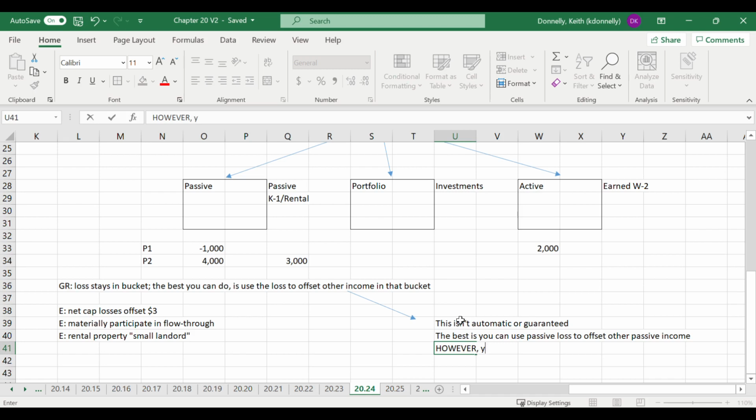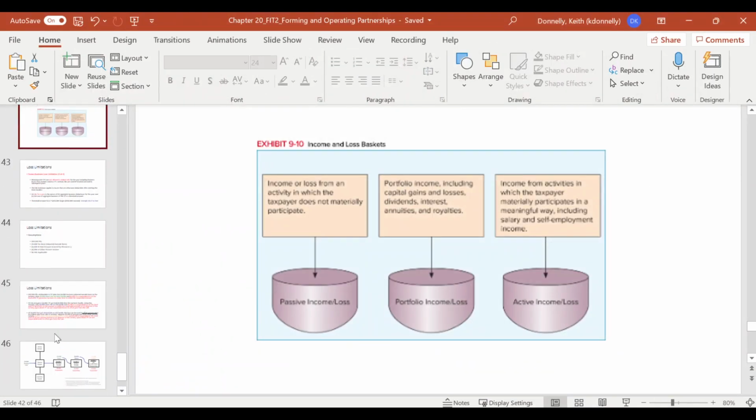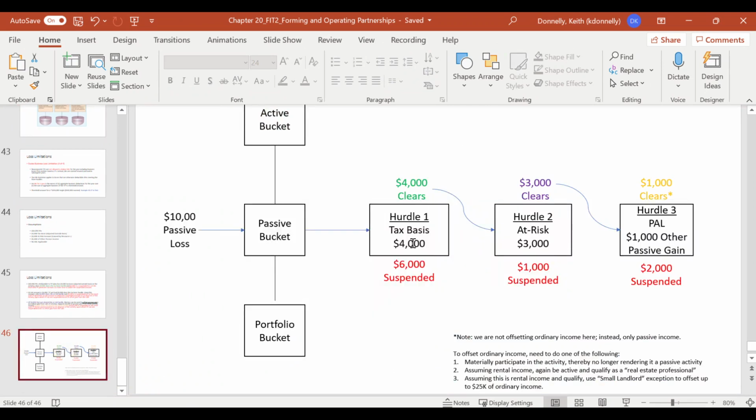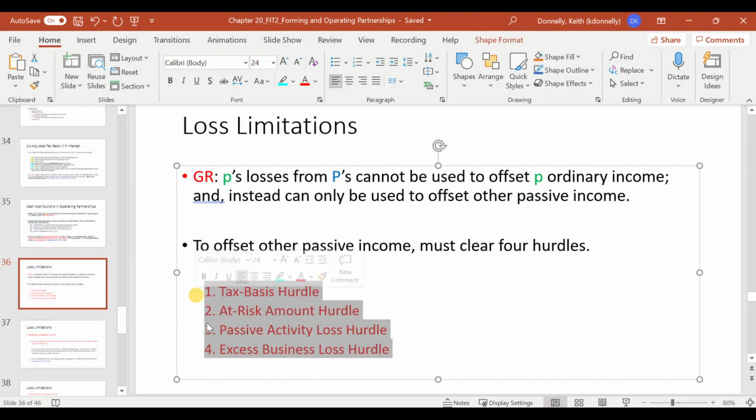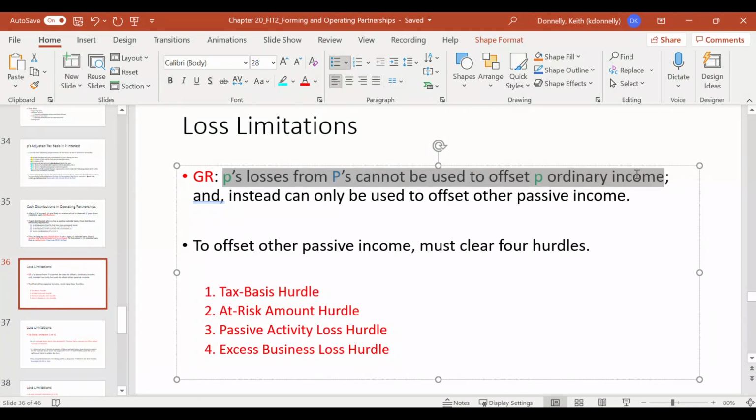However, you have to jump through the hoops to do this, which we'll talk about, right? And the hoops are going to be these guys right here, the hurdles. Now, there's technically 4 hurdles that you got to go through with it, right? So this is just, again, summarizing. Passive losses can't be used to offset ordinary income, right?